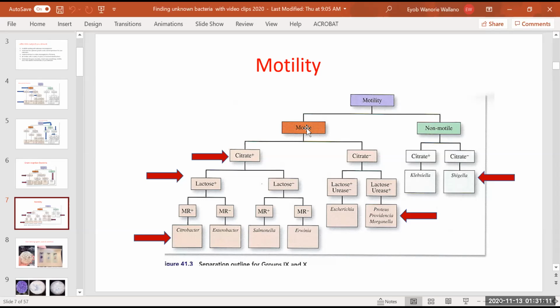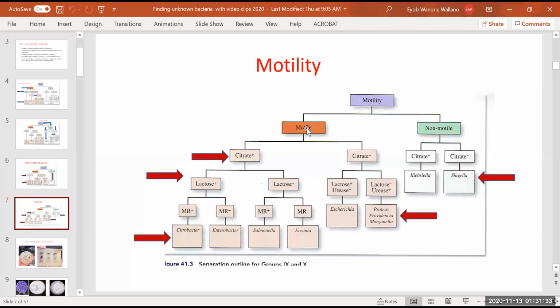Now we are going to identify them by wet mount, one, and the other one is by stabbing, gel stabbing. Very interesting now. I am not going to ask you on the test about wet mount on a slide or concave slide or hanging drop type.